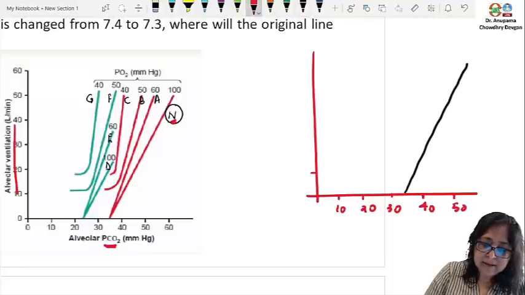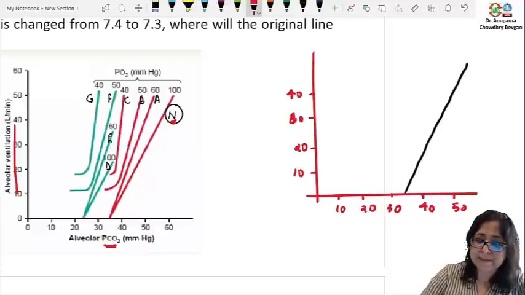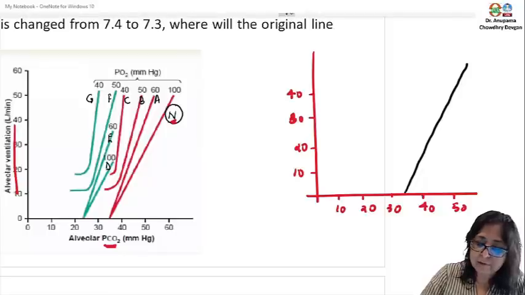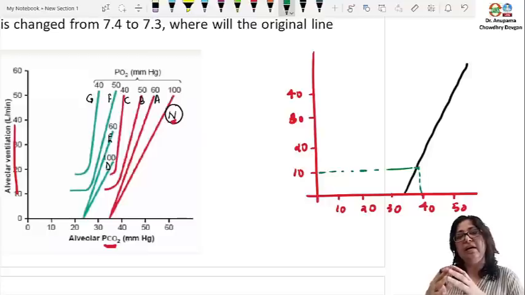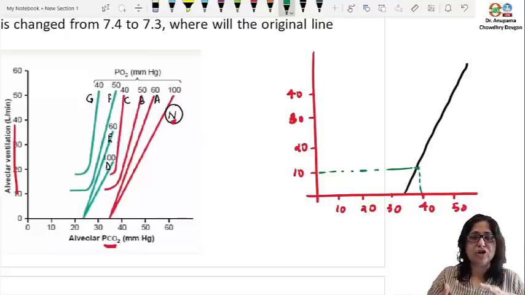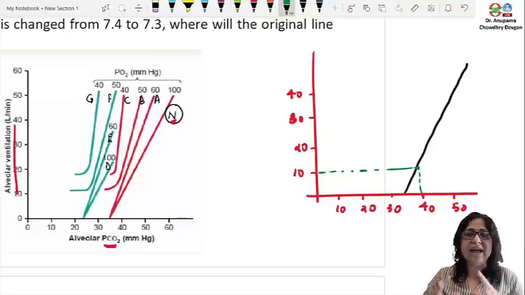Now, one thing that you have to notice here is how much is the normal arterial CO2? The arterial CO2 is 40. So at 40, you can see that there is some effect on alveolar ventilation already.